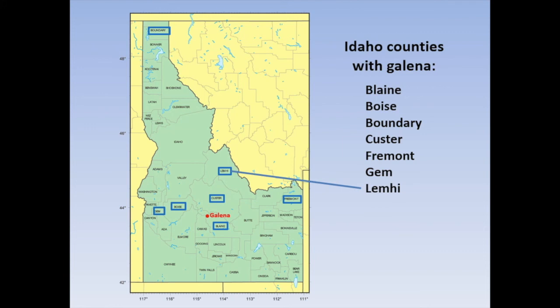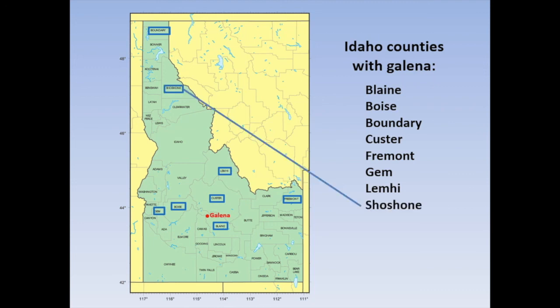Lemhi County in the east central portion of the state has reported various locations of galena, oftentimes occurring with zinc, sphalerite, and copper, chalcopyrite. And locally, there were also lots of enrichment of silver in those galena veins.